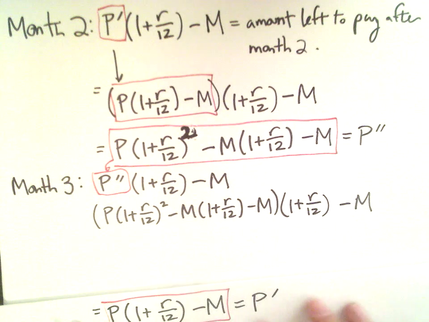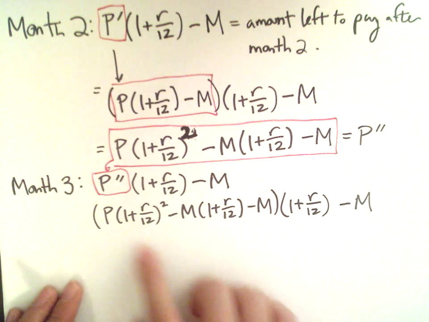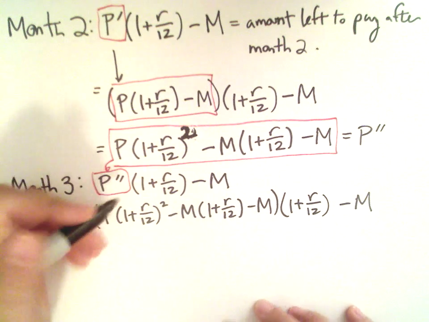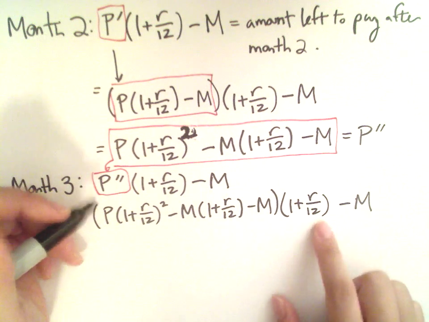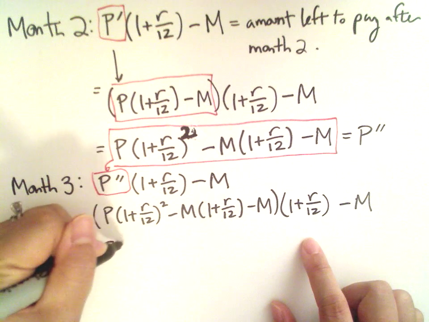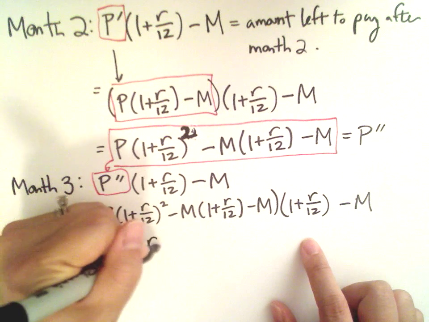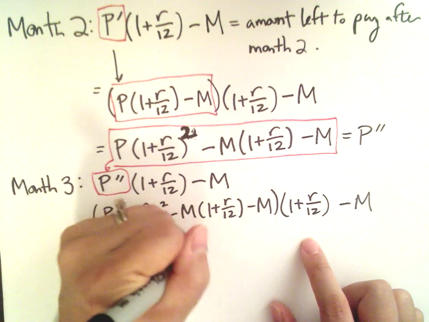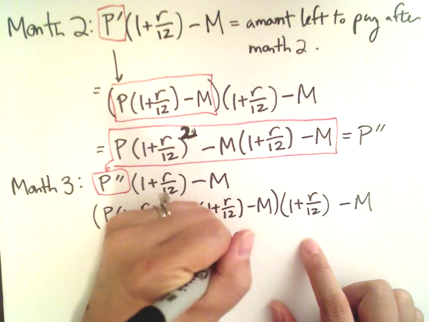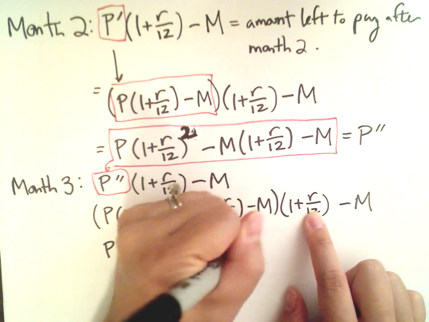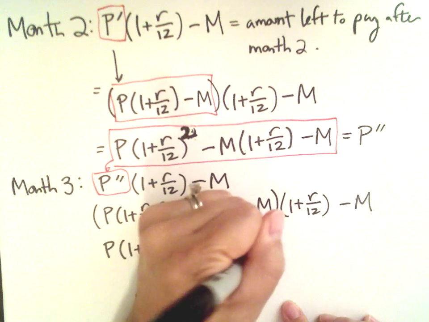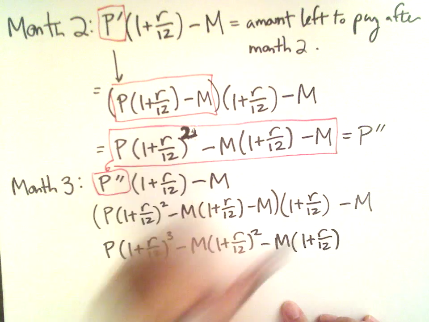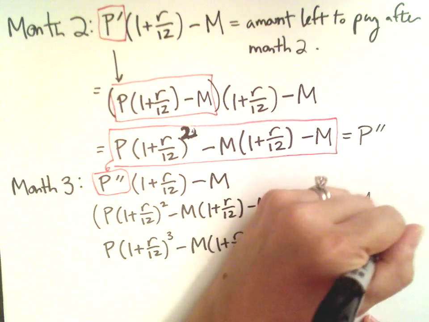So like before, we are going to multiply this 1 plus r over 12 in here. So squared times this other one to the first power is going to give you 1 plus r over 12 to the third power minus m times 1 plus r over 12. Now here becomes to the second power minus m times 1 plus r over 12, and then minus that m out there.